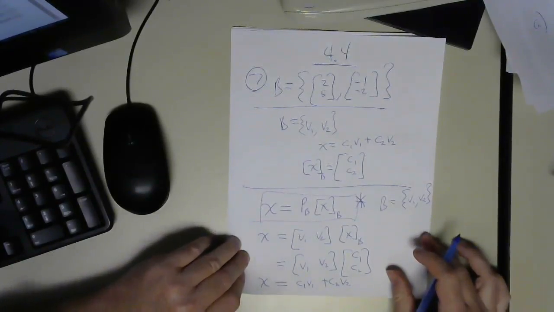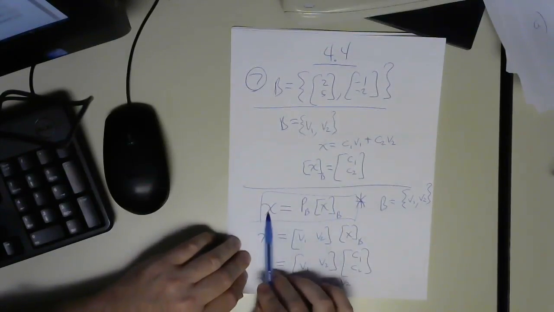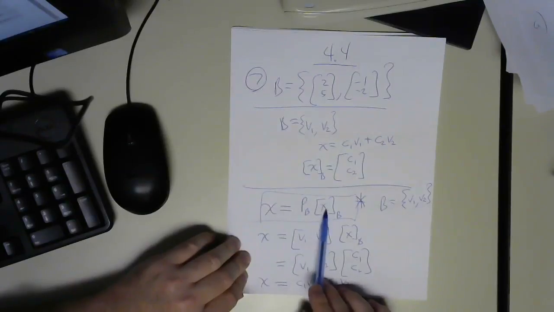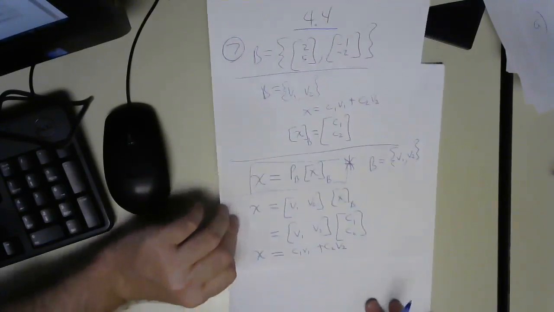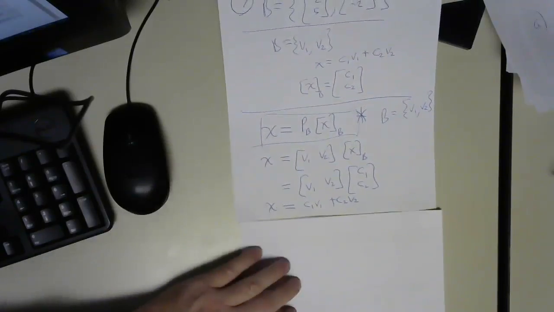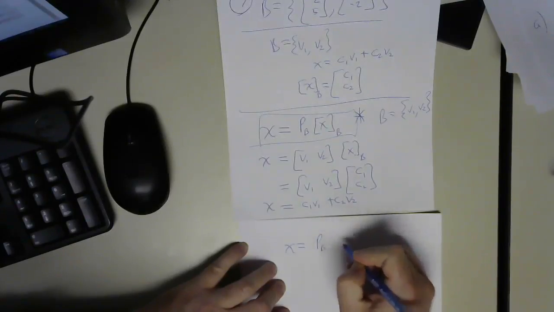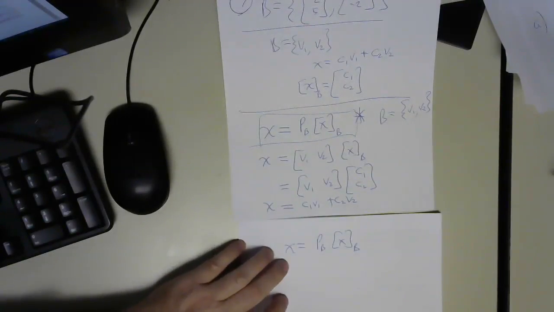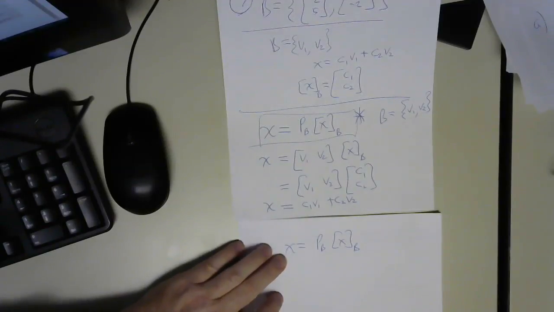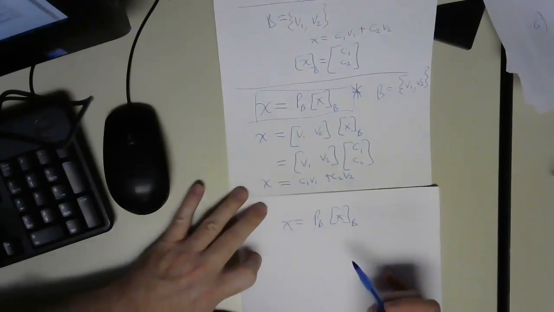but you also use it in number 7. Because in number 7, they don't want us to go from the coordinate vector to x. They actually want us to go from x to the coordinate vector. They want us to go backwards, okay? So here's what you do. You start off with this equation. And in order to go from x to the coordinate vector of x, multiply this equation on the left by the inverse of that matrix.